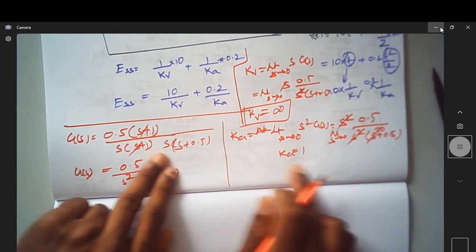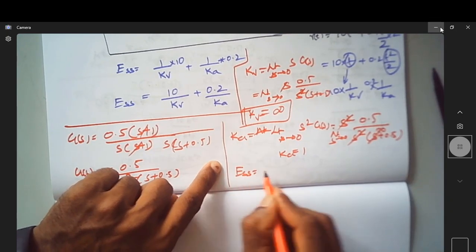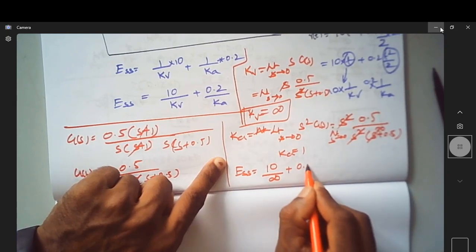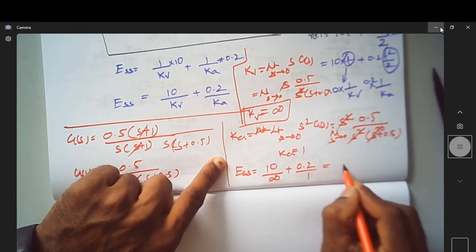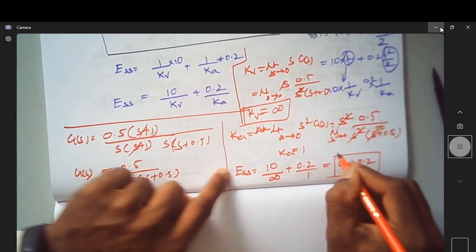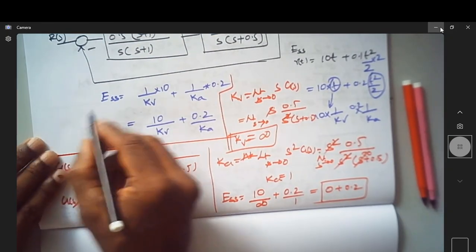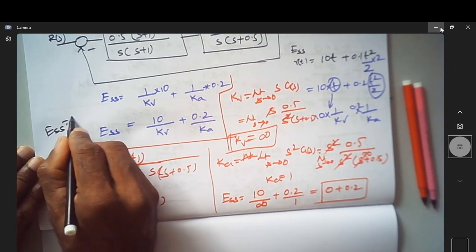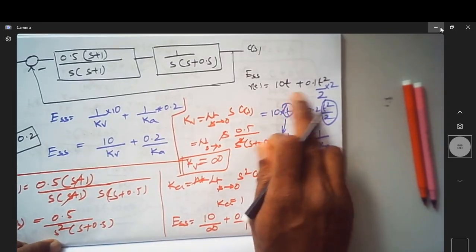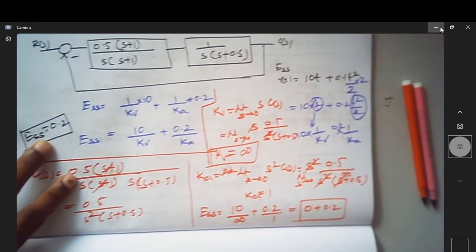Now we substitute. What is ESS finally? ESS is 10 by infinity plus 0.2 by 1. So this is 0 plus 0.2. So ESS for this particular problem, with 10t and 0.1 t square, is 0.2.